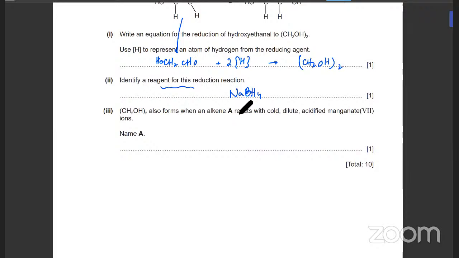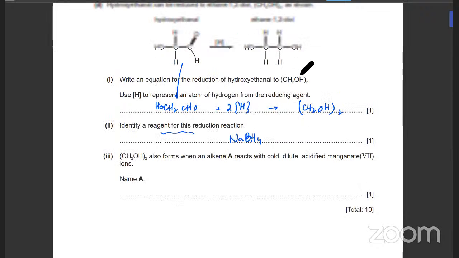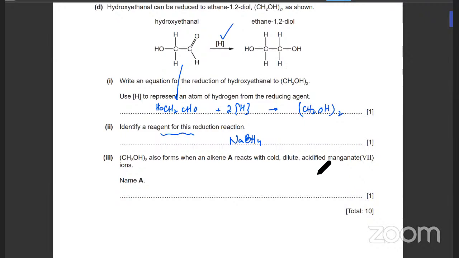CH2OH also forms from an alkene A. When an alkene A, I mean this one, reacts with cold dilute KMnO4 to give you this, what alkene will it be? Look, कौन सा alkene है, ठीक है, that's simply ethene.